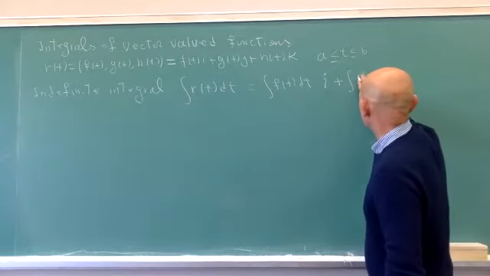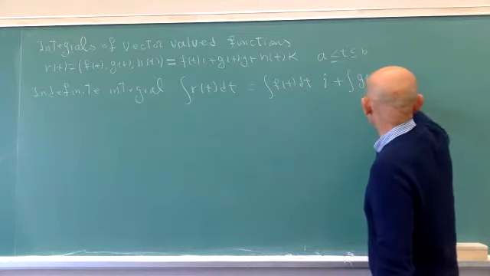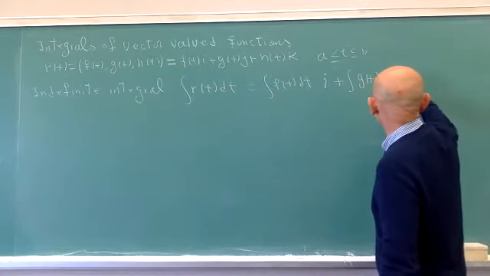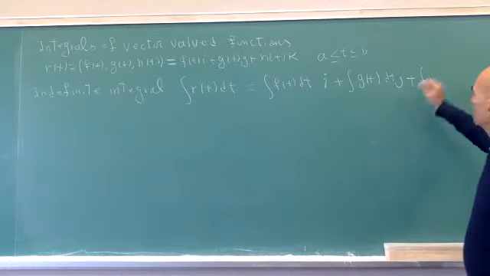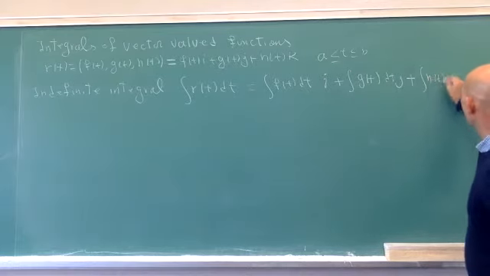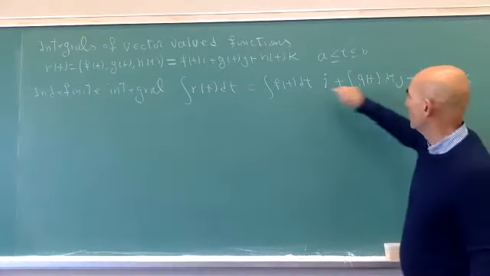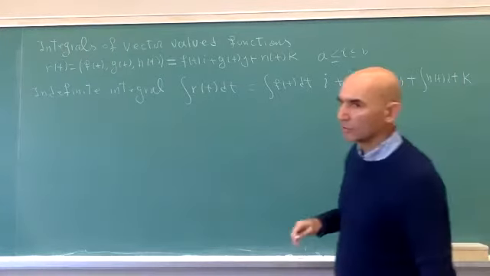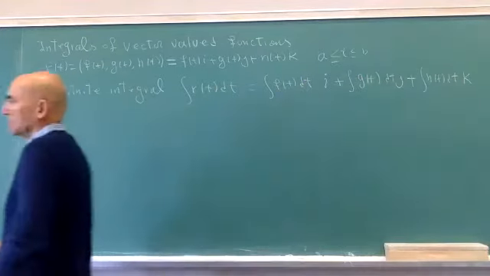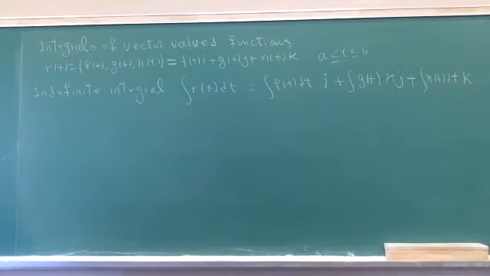Plus the integral of g of t dt j, plus the integral of h of t dt k. So it has three components, and again it is a vector valued function. We just define it. You may like it, you may not like it. The point is whether it is useful or not, what you can do with it.